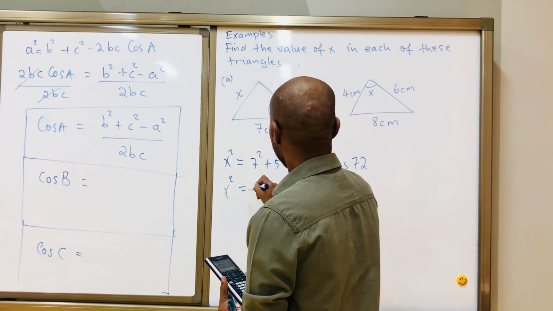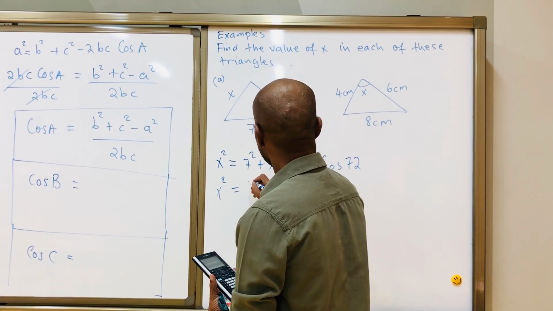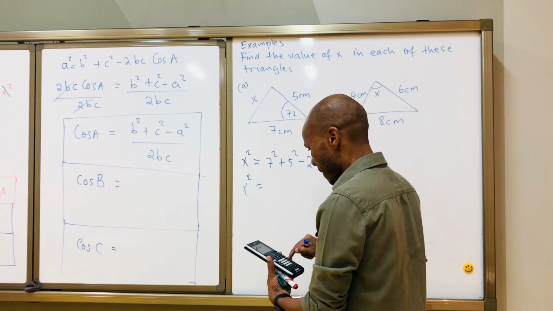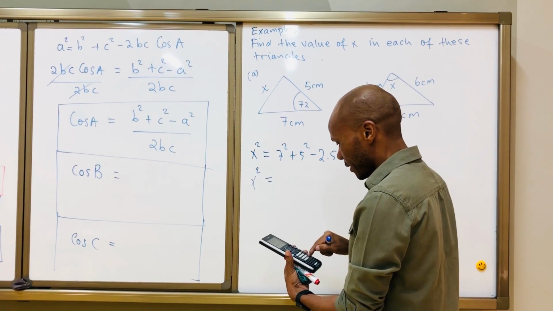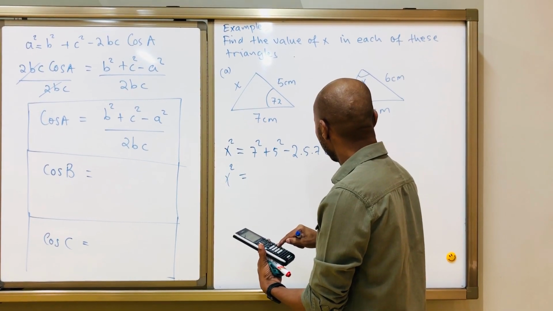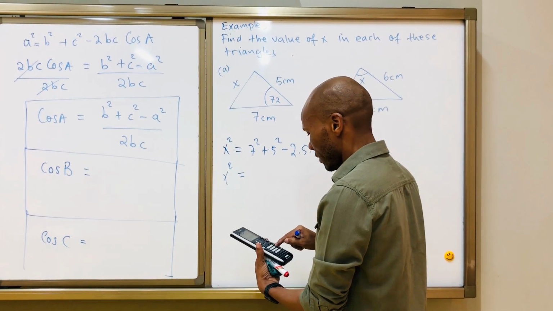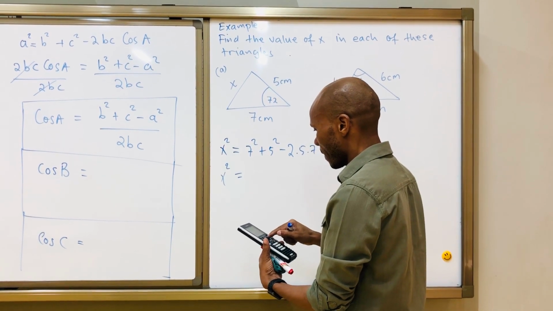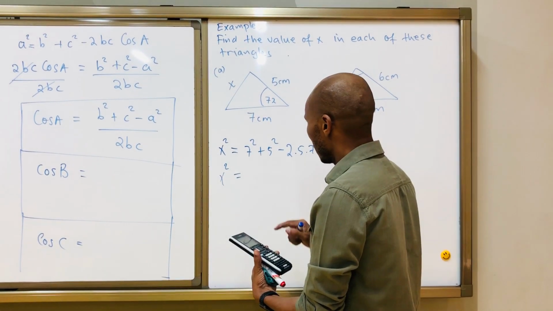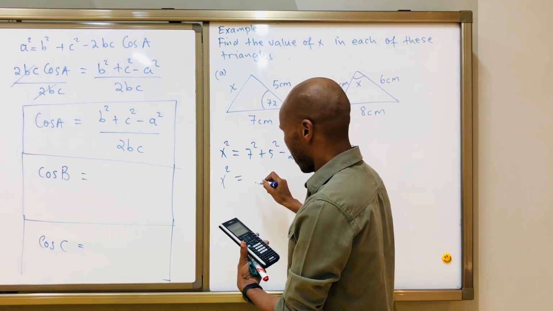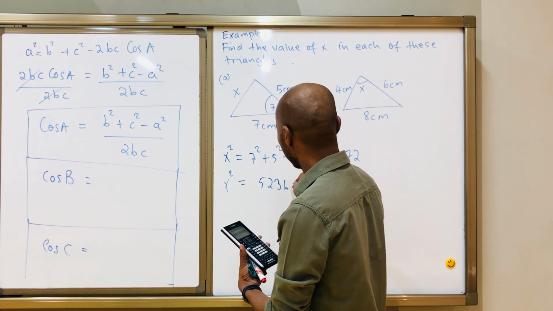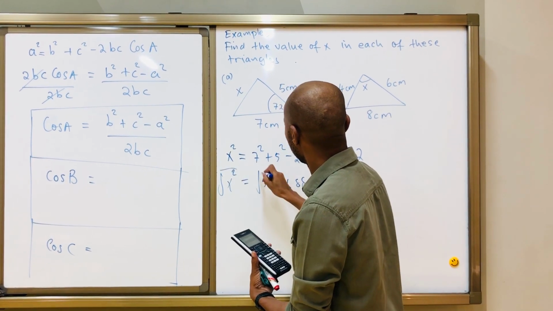So, 7 squared plus 5 squared minus 2 times 5 times 7 cos 72, and then the square root.